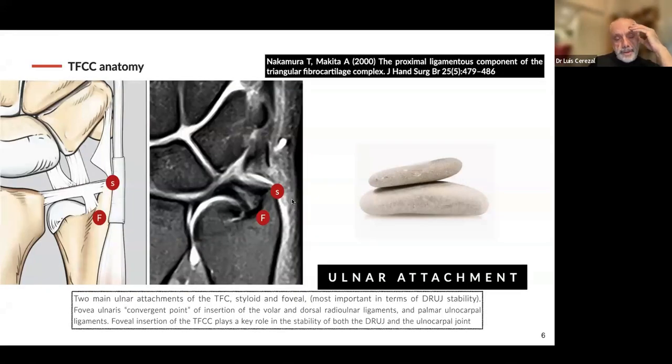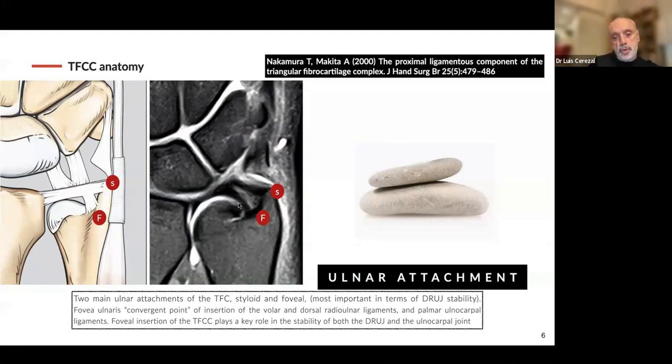For us, for radiologists, the most difficult aspect in the evaluation of TFC anatomy and injuries is the ulnar insertion. Remember that the ulnar insertion has two different bands, one distal inserted in the ulnar styloid, and one proximal with a more vertical orientation that inserts in the fovea.